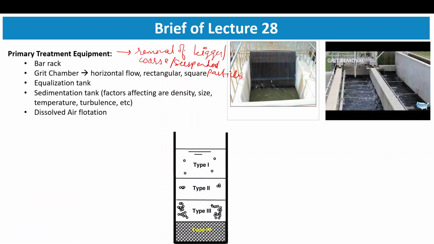First and foremost, if we have some coarse material present, for that we can use either bar racks or grid chambers. This figure shows bar racks. These bar racks provide an obstacle to bigger particles.